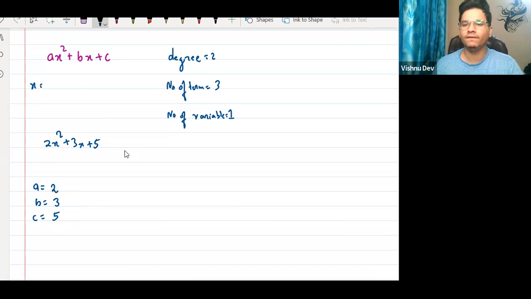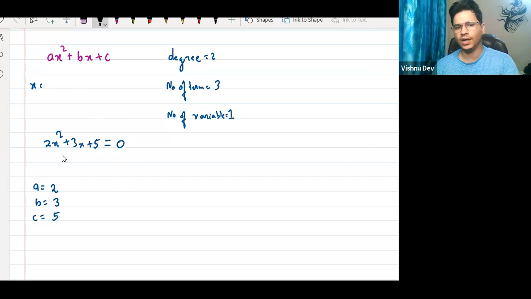Now, whenever we talk about an equation, we have an equality sign. So if I equate it, if I have an equality sign, then it becomes my equation. Now my problem changes, because I want the value of x for which this equation holds true.